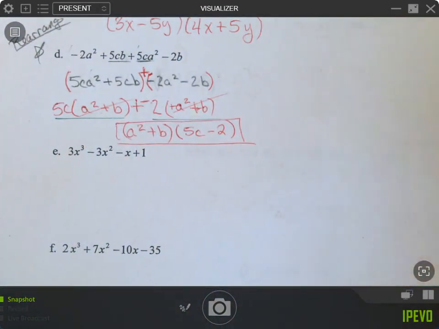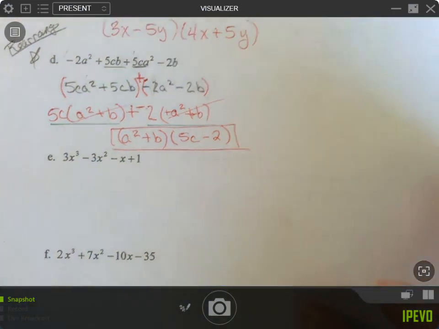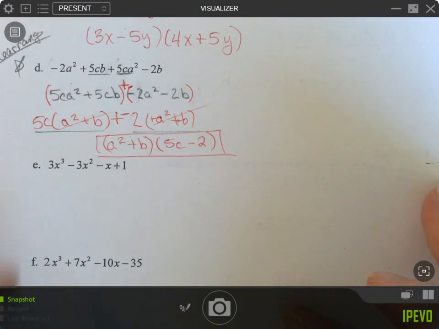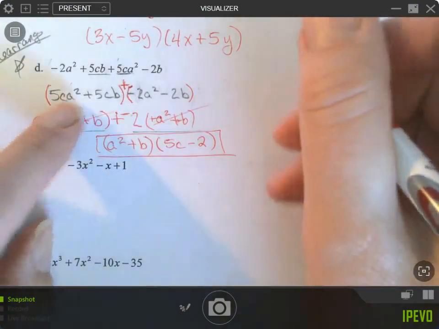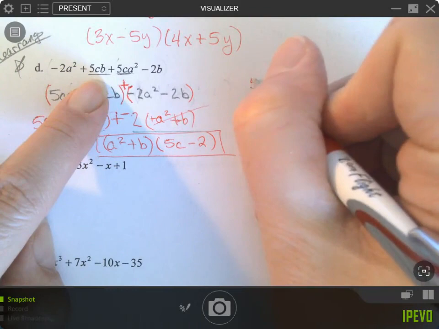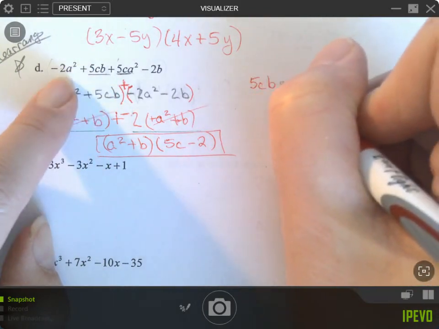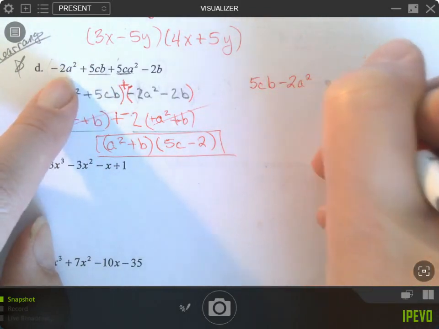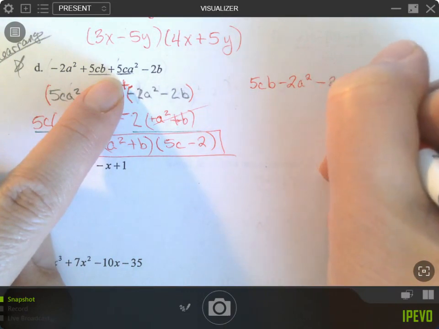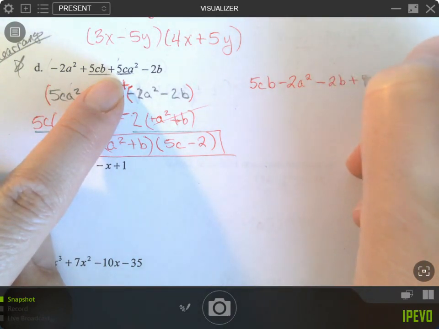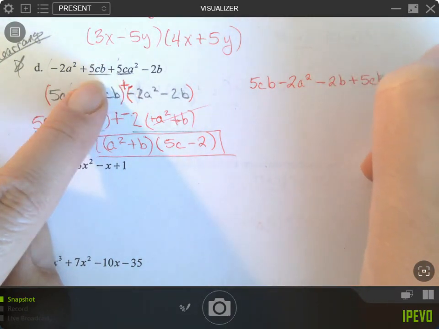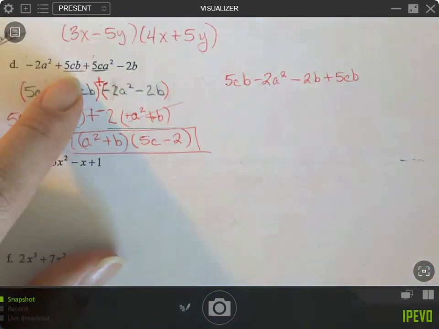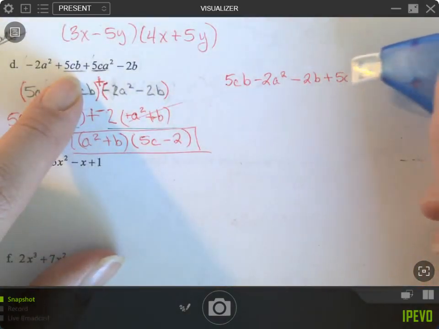Now, let's take a side step, and please don't ignore this. Let's say we didn't arrange it the way you gave me, okay? Let's rearrange it another way. Let's go with, I don't know, maybe we'll make the 5cb paired with the negative 2a squared, and then we'll leave a negative 2b here and the positive 5cb. No, you don't have to write this, but I do want you to look at it. What does this need to be?